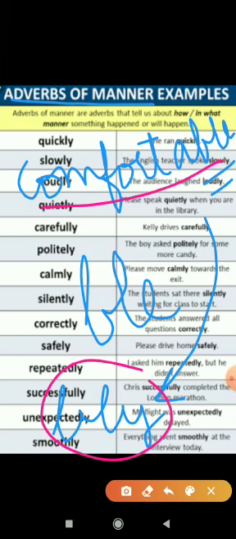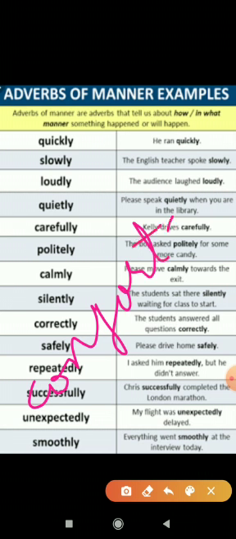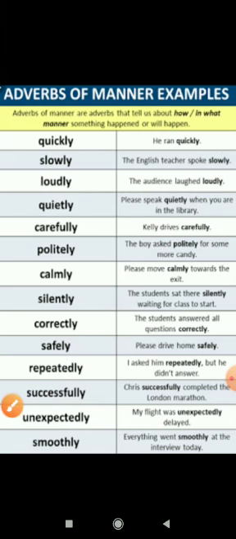Comfortable and comfortably. Comfortable, comfortably. These are adverbs of manner. Here we have few examples.